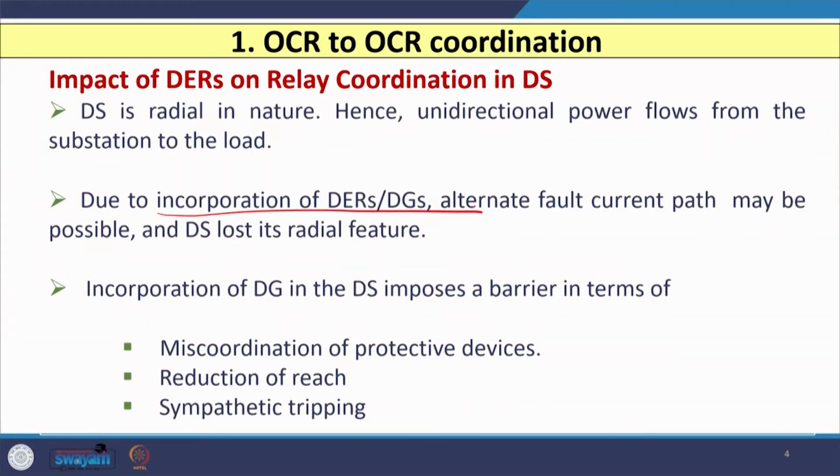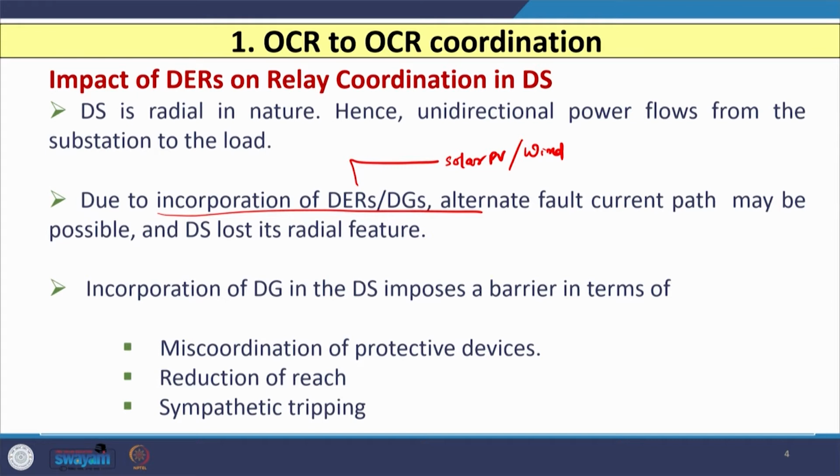Due to incorporation of these distributed generators or distributed energy resources, in terms of solar PV or wind or any other like fuel cell and so on, an alternate current path exists, and the radial structure of the distribution network may be lost.